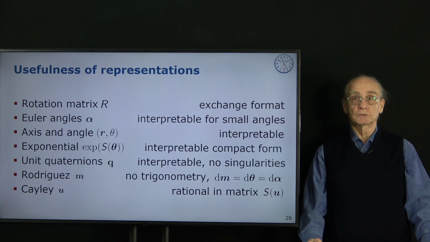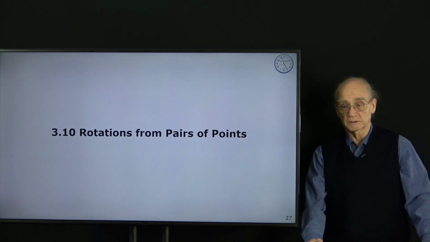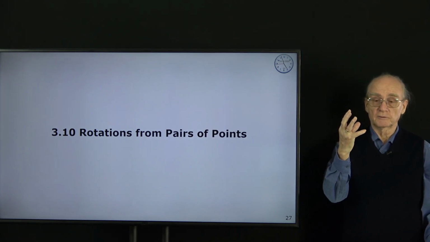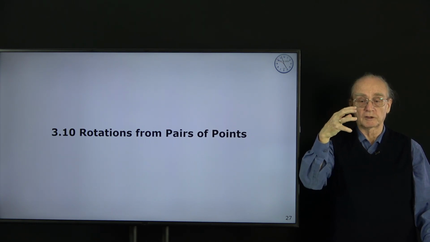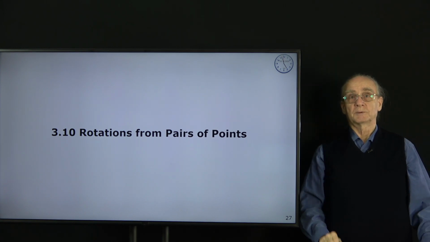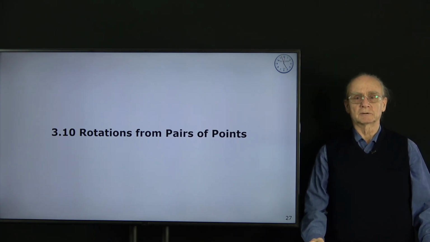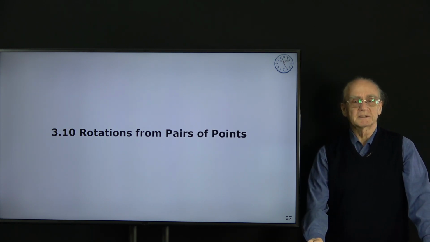And we now want to know how we get rotations from given data. This is our next topic. So let's assume we have some points given and we rotate them around the origin. And the question is, how can we derive the rotation from the points before and after the rotation? We discussed the general scheme already in context with the Cayley representation, but I want to look at the case once more.